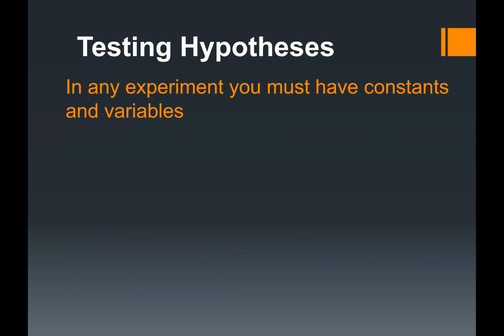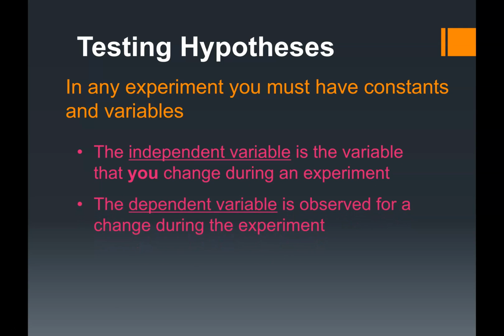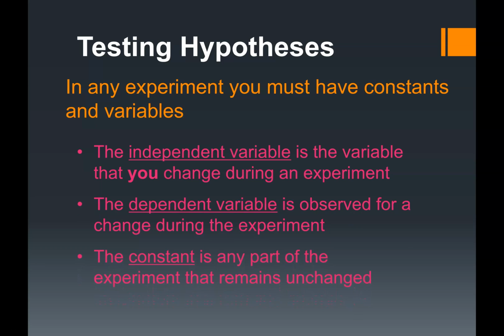Any experiment has to have constants and variables. Your independent variable is the thing that you change during an experiment. The dependent variable is the thing that is observed for a change during the experiment, and your constant is any part of the experiment that remains unchanged.